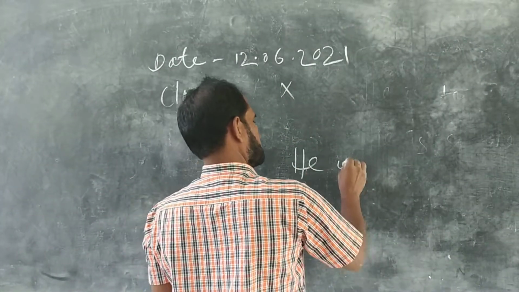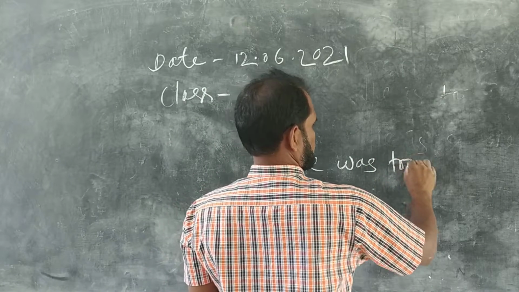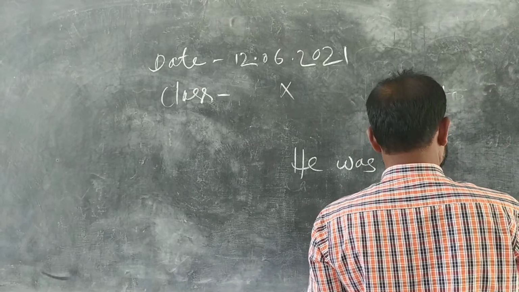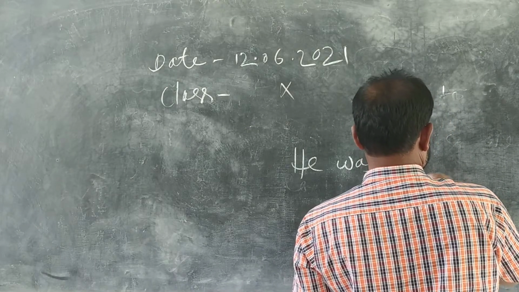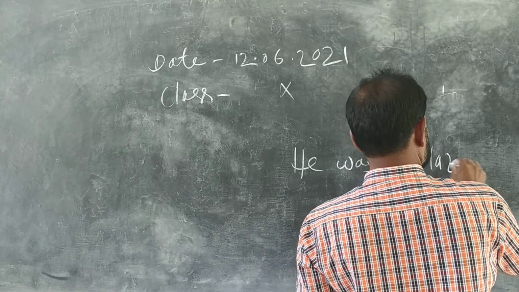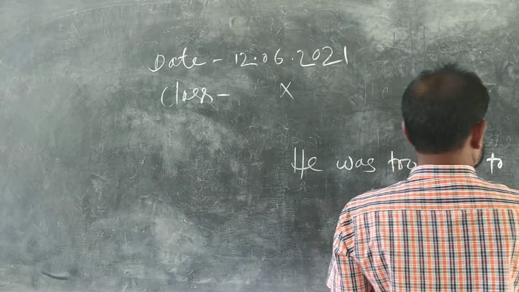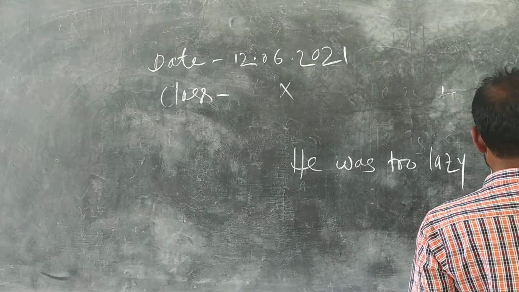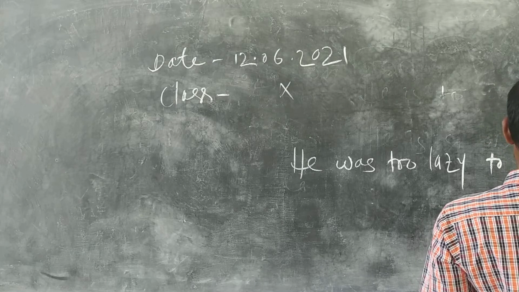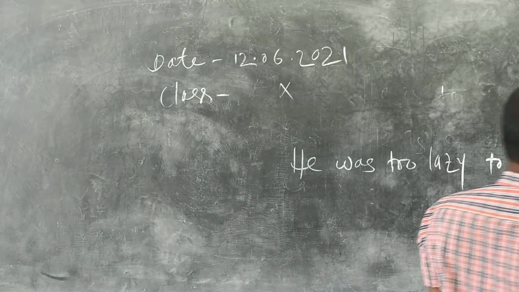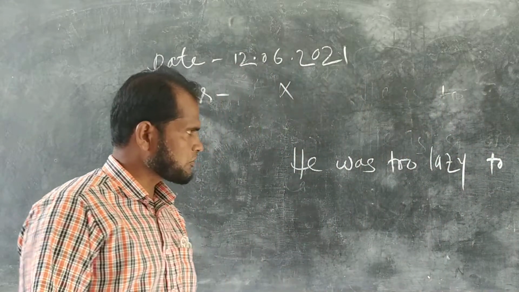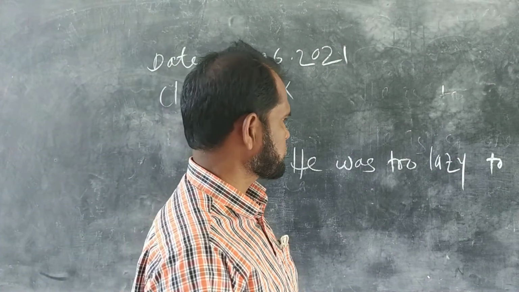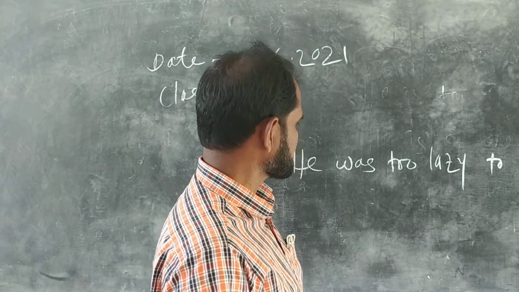He was too lazy to do the work. This is also an example of a simple sentence. When there is too, to, the sentence will be a simple sentence, and you will have to make it a complex sentence.